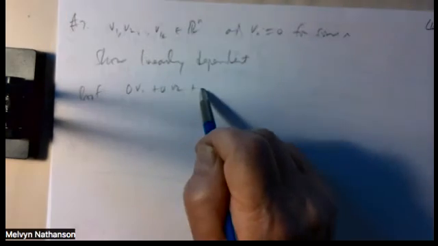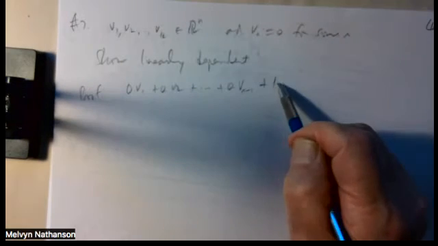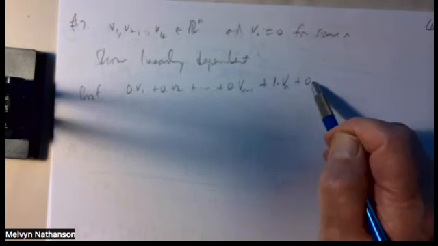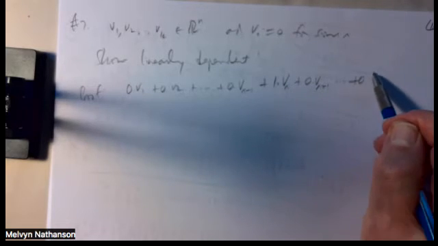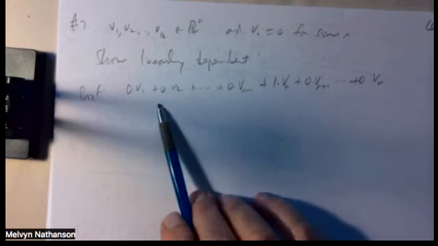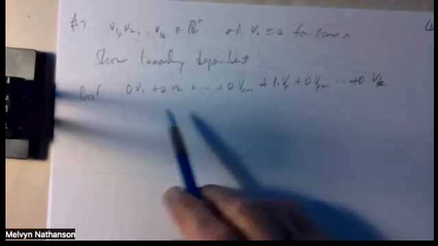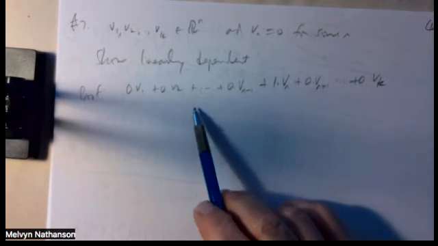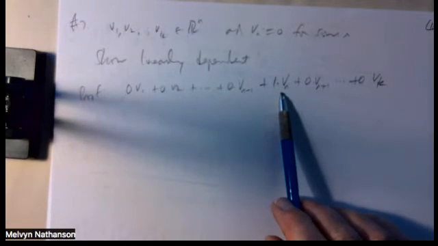Suppose I take 0 times v1, 0 times v2, 0 times v sub i minus 1, 1 times v sub i, 0 times v sub i plus 1, 0 times v sub k. So I take this linear combination of the k vectors, where every coefficient is 0, except the i where the coefficient is 1.